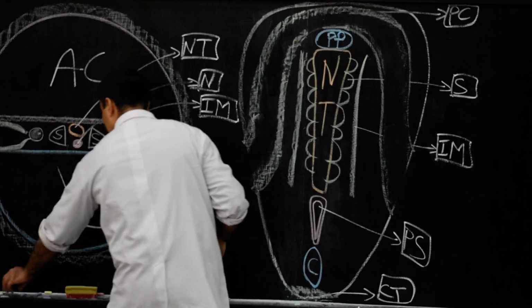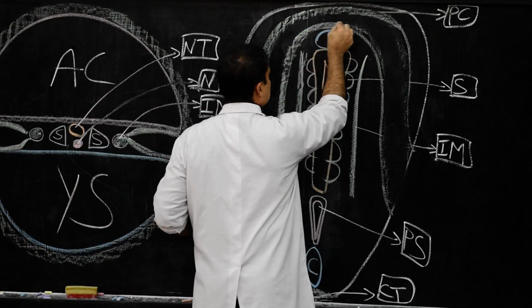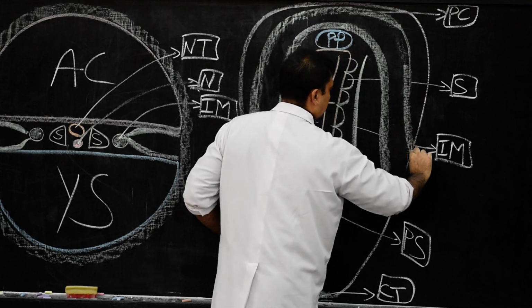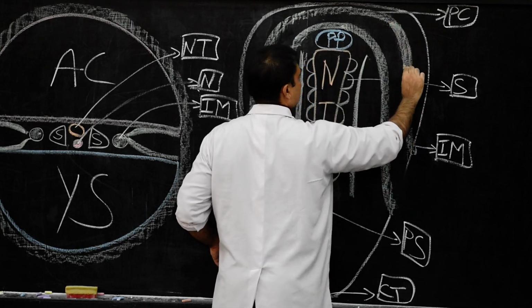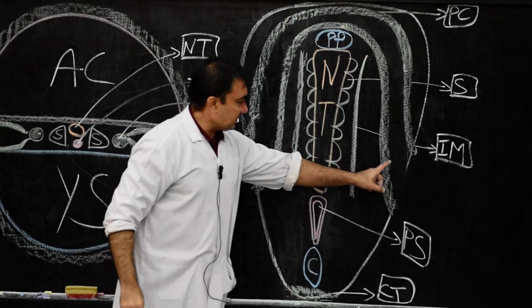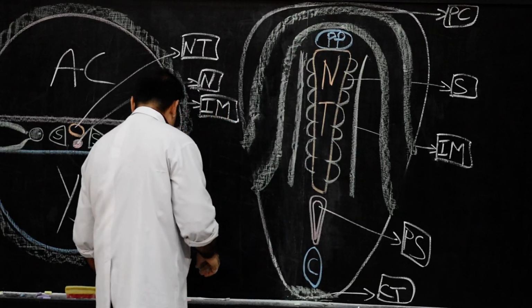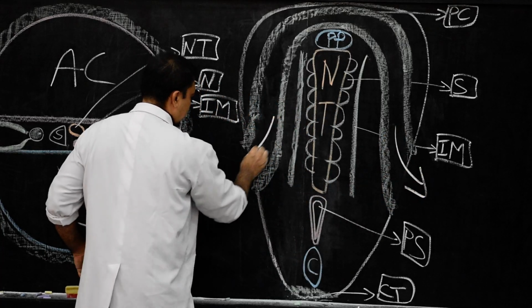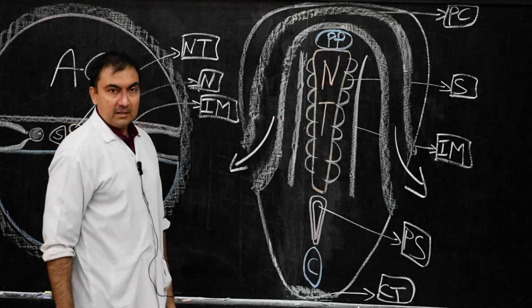Please draw it correctly. On either side it will communicate, and it will also open here with the extraembryonic coelom. So I am drawing this arrow here in this direction and in this direction.